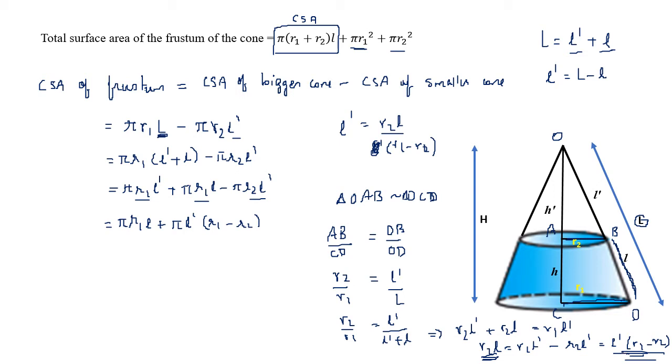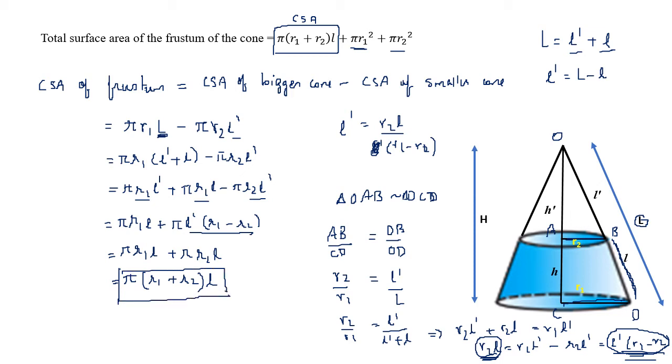Now L prime into R1 minus R2 is R2 L. So I will write here pi R1 L plus pi R2 L. If you take out pi L common, you get pi L into R1 plus R2. So this is the curved surface area of the frustum.